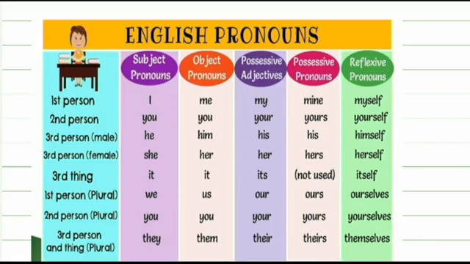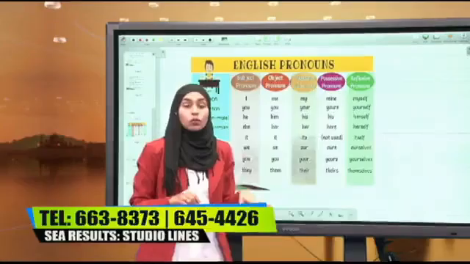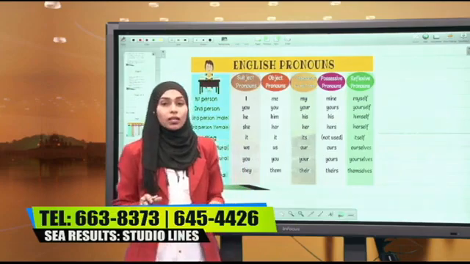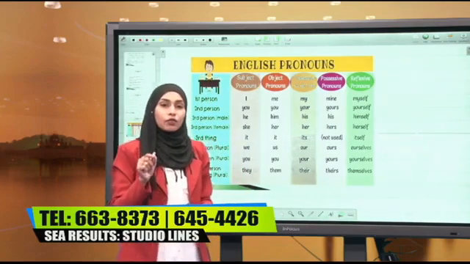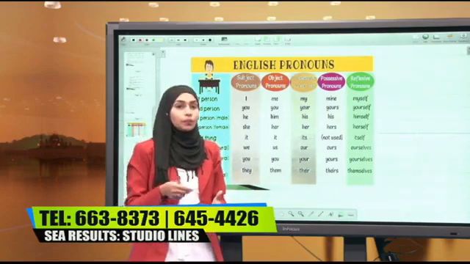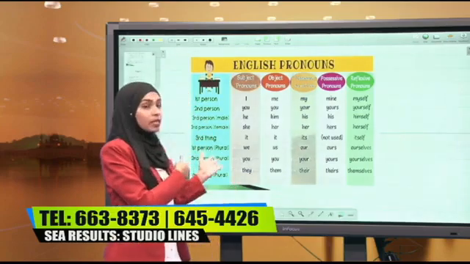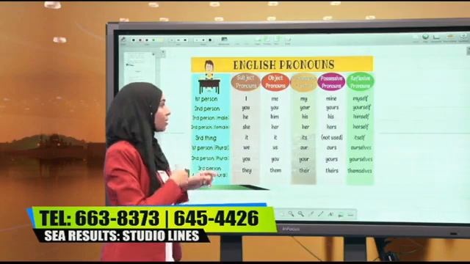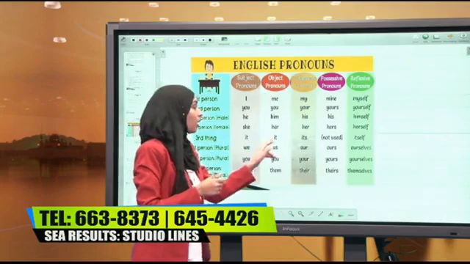But what you may have forgotten is actually your list of object pronouns or subject pronouns, or even your possessive adjectives, possessive pronouns, reflexive pronouns. All of these are very important in your day-to-day writing. We use them all the time. The problem is identifying the actual error in your grammar section. So instead of them, it is actually the object pronoun it.